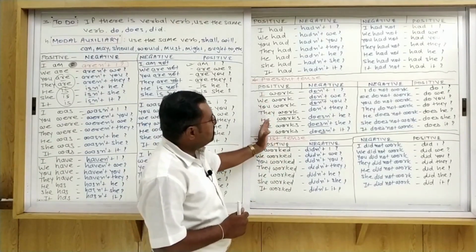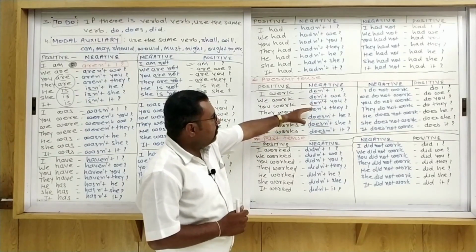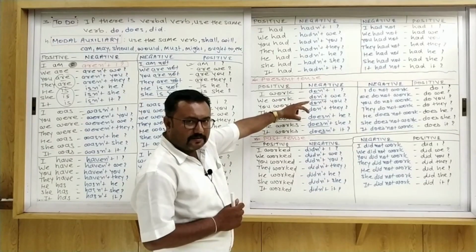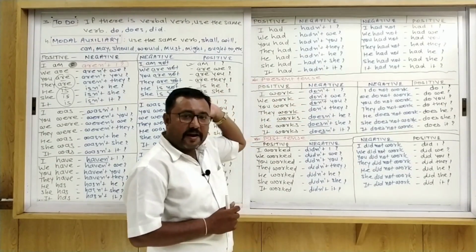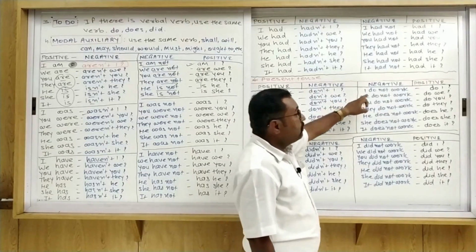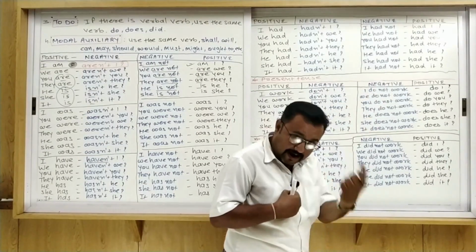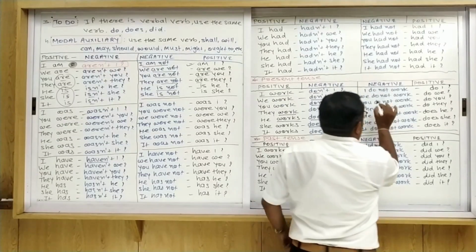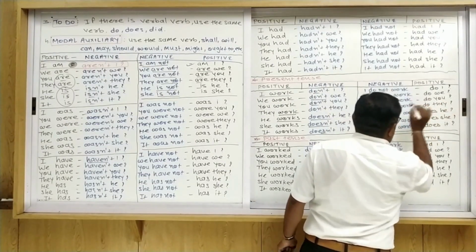If the sentence is positive and when you are going to make question tag, the sentence may be make negative. So suppose the sentence is negative, I do not work, do I? We do not work, do we?